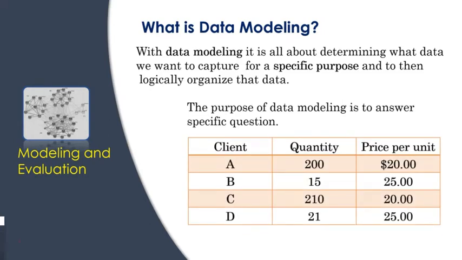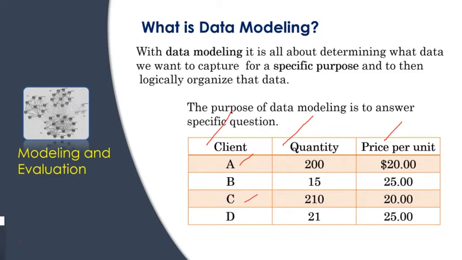this is a table. Say we have different clients, and how many units the clients have purchased and the price per unit. From this, we can see that client A and client C are actually different clients.